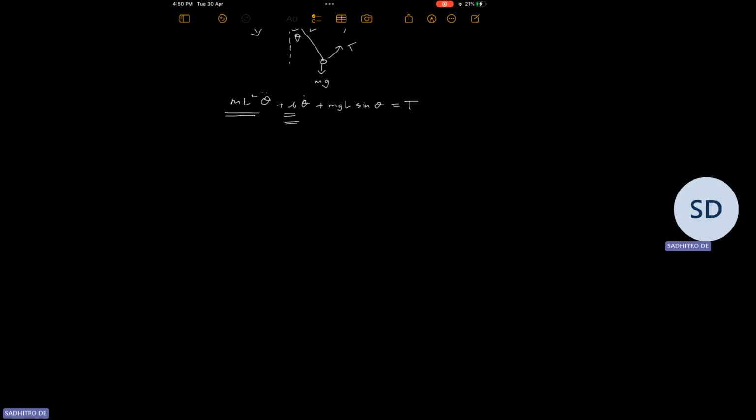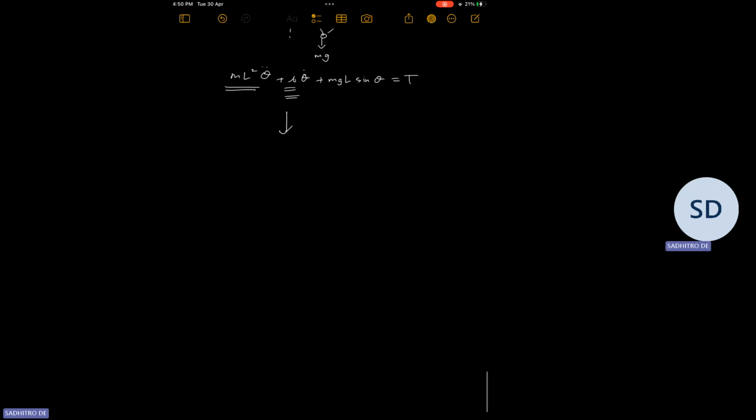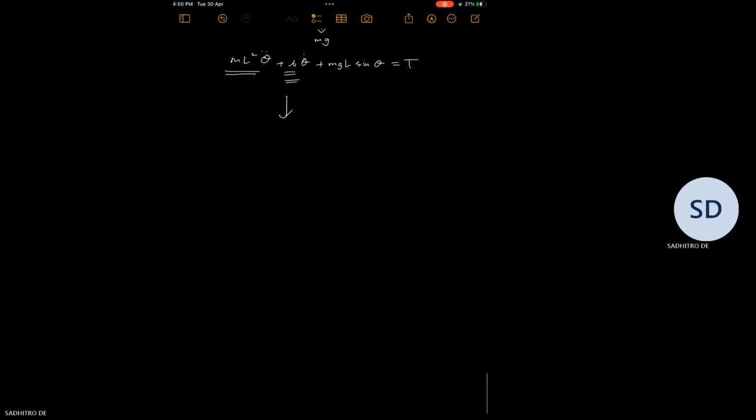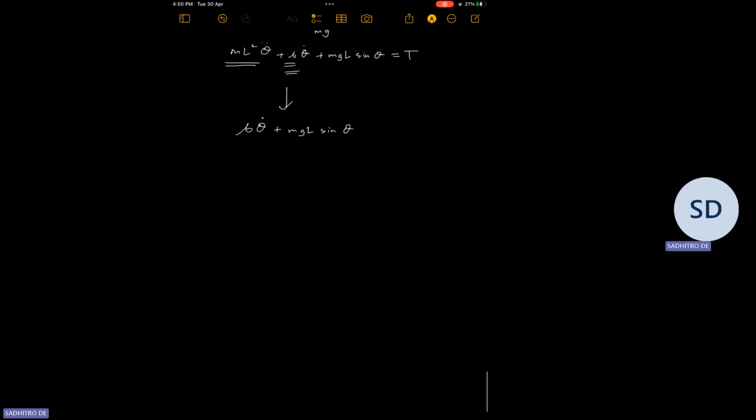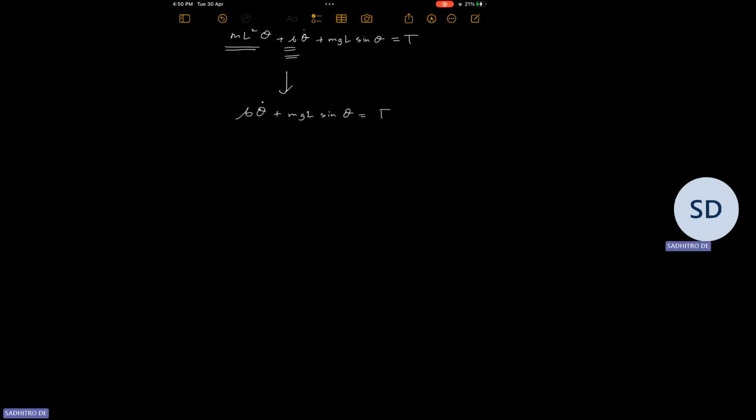So when that happens, then the equation turns out to be d theta dot plus m g l sine theta is equal to gamma.